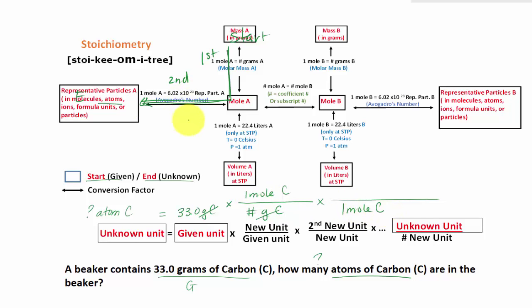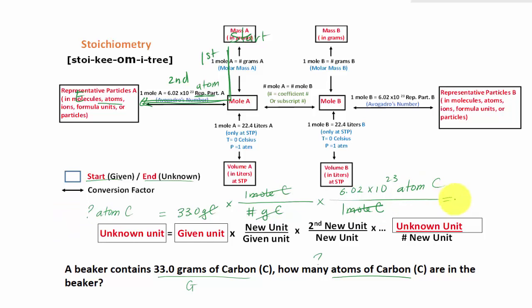And what's going to be on top? We don't use the term representative particle anymore. We know exactly it is atoms, right? So therefore, we have 6.02 times 10 to the 23rd atoms of carbon. And atom is a type of representative particle. Look at that, mole of carbon cancels out, giving us atom just like the unknown.